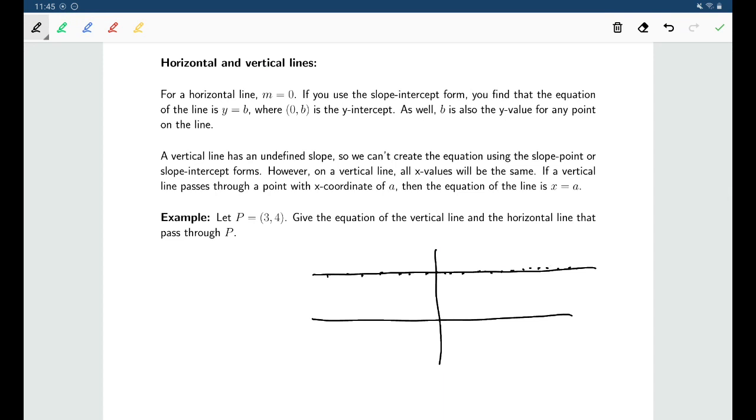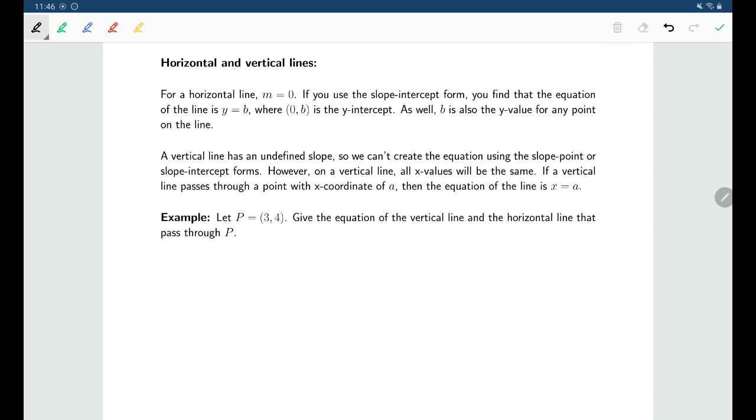So the idea here is that if you know one point on a horizontal line, the equation is y equals whatever that y value is. So in other words, if the y-intercept of that horizontal line is (0, b), then the equation of that horizontal line should just be y equals whatever that y-intercept is, y = b.